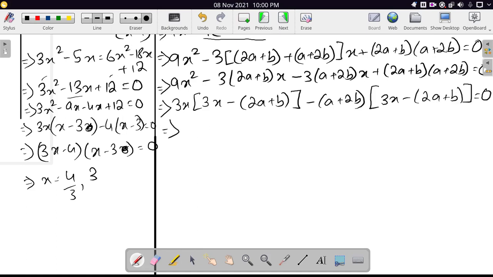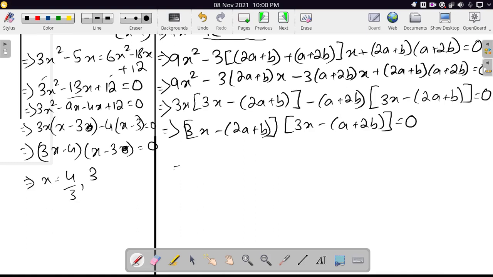Now this is equal to 3x − (2a+b). This is common, right? 3x − (2a+b), multiplied by 3x − (a+2b). These are the two products that we are getting. So now x will have basically two values.